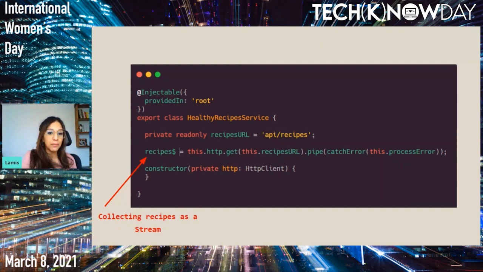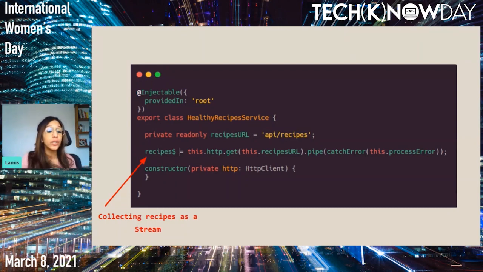You have your stream in your service, which is exposed and shared with all your components as a public attribute. And this way your application can be more fluent and reactive, because you can retrieve all the streams and combine them, manipulate them.